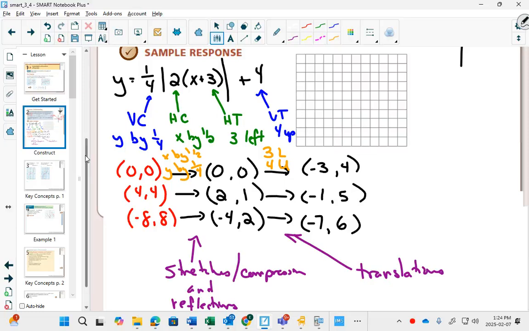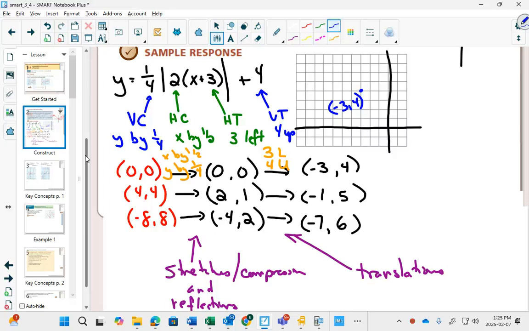So based on those points, on my grid here, I'm going to draw my axes like that because I know I've got a bunch of negative points. And I need to label negative 3, comma 4. So I go 1, 2, 3, 1, 2, 3, 4. There's negative 3, comma 4.